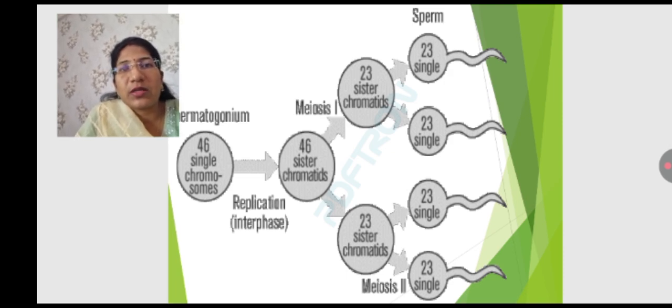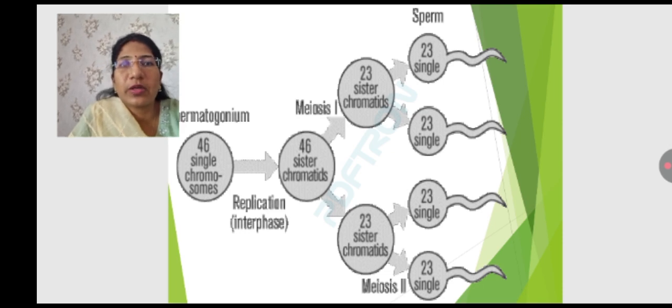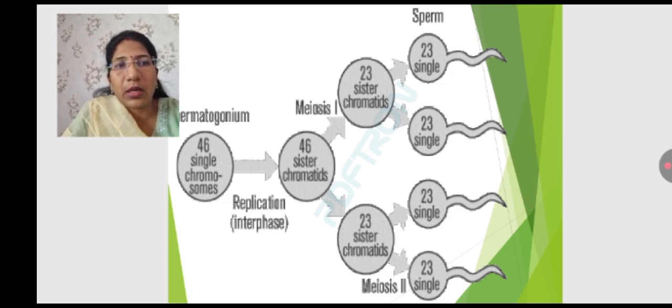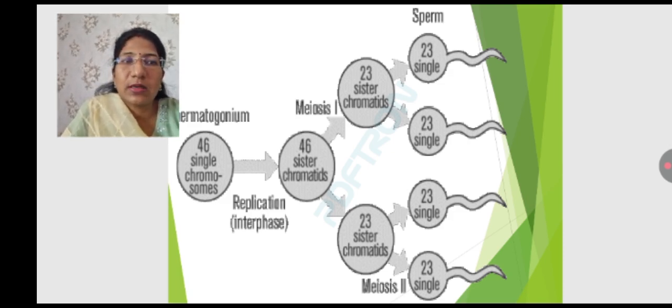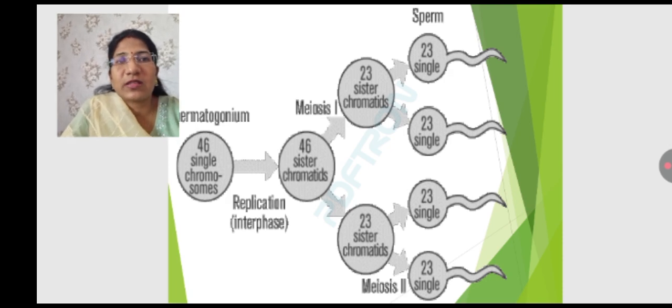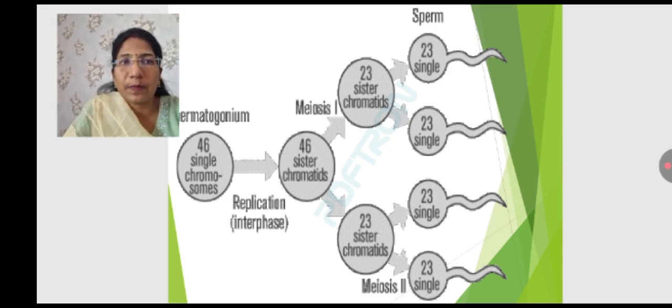In spermatogenesis, the 46 single chromosomes are replicated in interphase. The cell division is divided into two phases, meiosis first and meiosis second. The 46 sister chromatids are divided into two daughter cells, 23 and 23 sister chromatids.